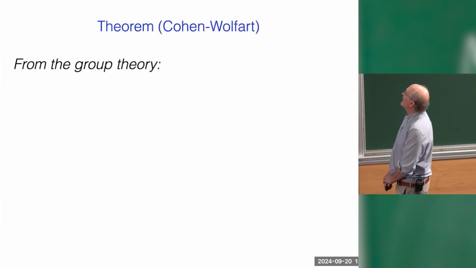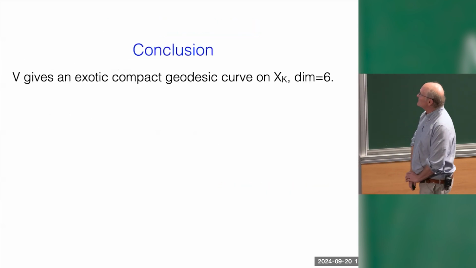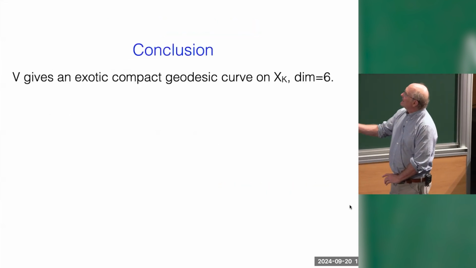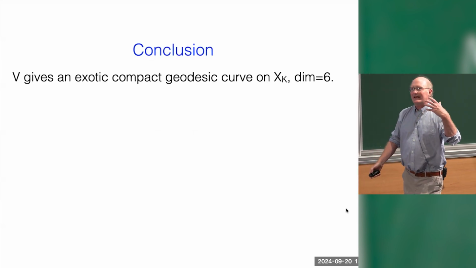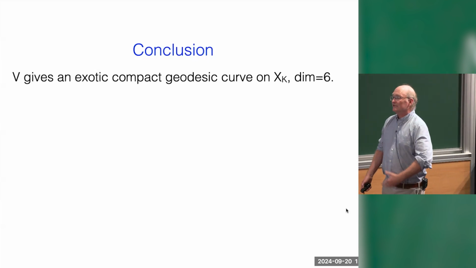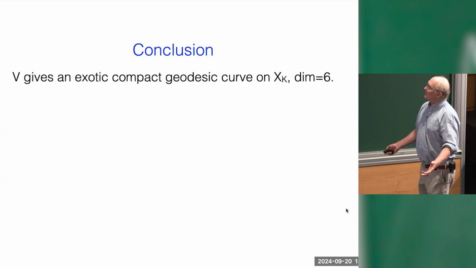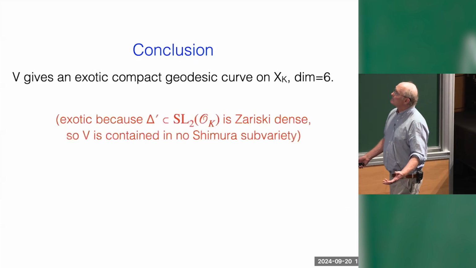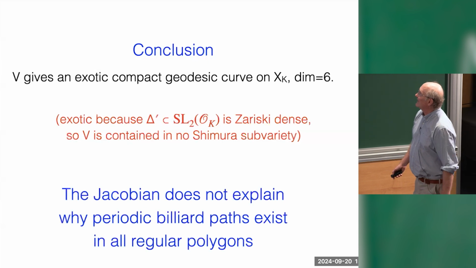And then from this embedding, you get a curve on a Hilbert modular 6-fold. And basically, that curve on the Hilbert modular sixfold shows that the theorem I proved for Hilbert modular surfaces does not generalize to all higher dimensions. But the only counterexample I could find was based on this very special triangle group, and it lives in dimension 6, not the next possible dimension 3.